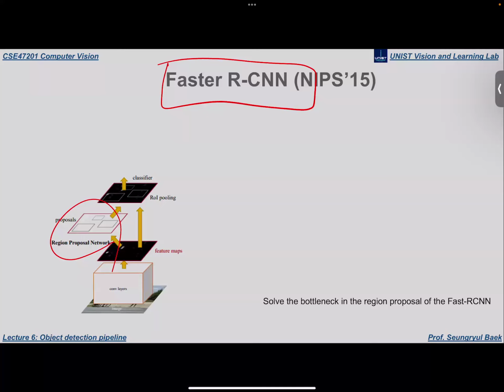So we remove that part as well, and replace the clustering-based object proposal algorithm with network prediction. It becomes better in accuracy, and it becomes faster than before. Not real time, sorry. So that's the faster RCNN algorithm.